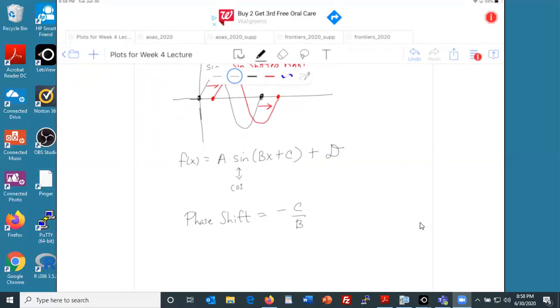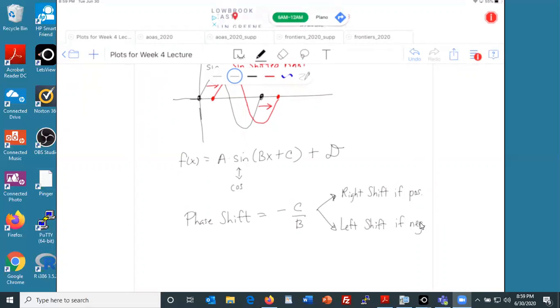If you divide that, that will tell you how far you will shift. So a right shift if positive, and it will be a left shift if it ends up being a negative value.